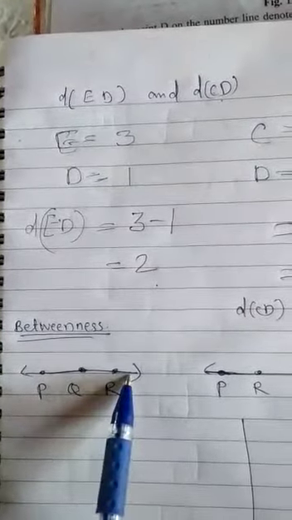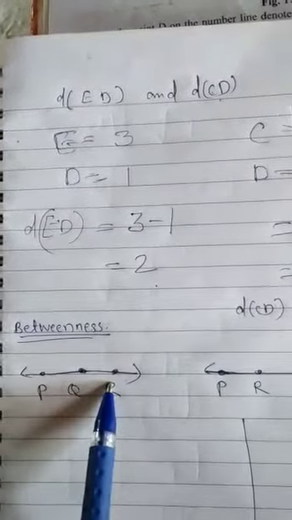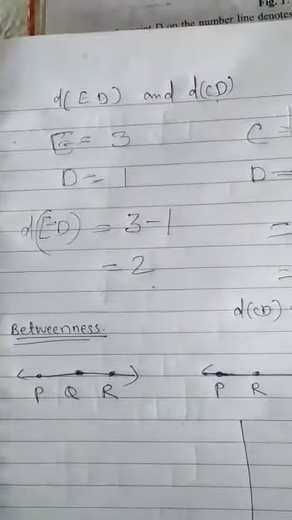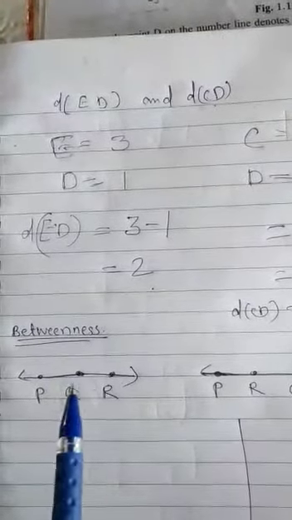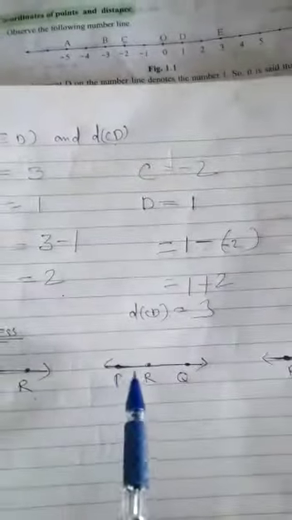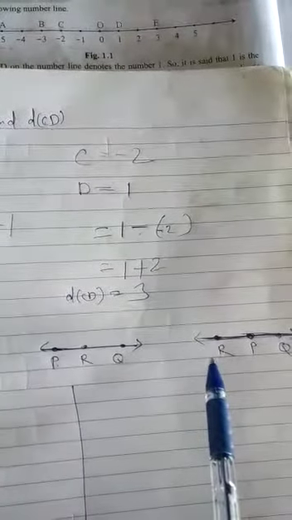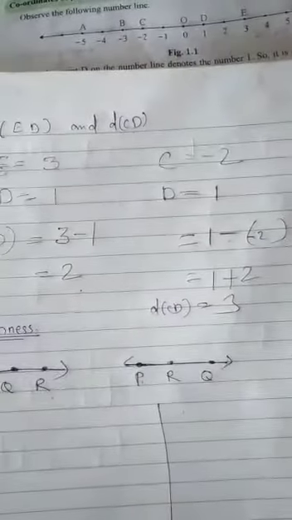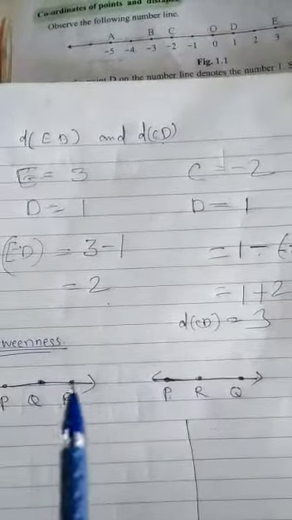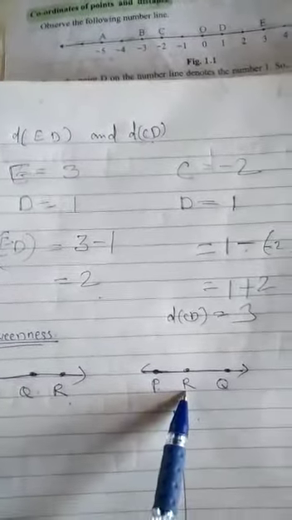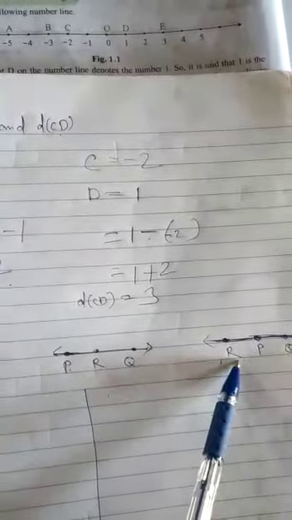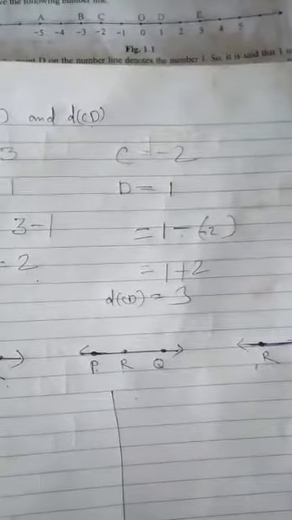PQR are 3 distinct collinear points, and we find betweenness. Students, see here, we are considering 3 possibilities. First is PQR, second is PRQ, and third is RPQ. Generally you can say that Q is a between point, or R is a between point, or P is a between point, between R and Q.